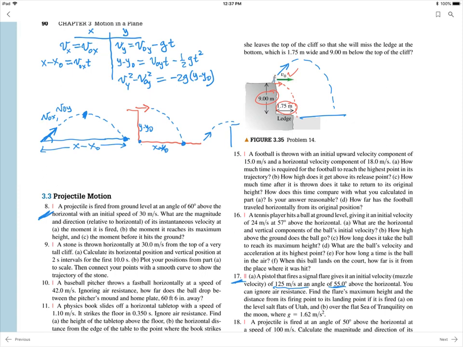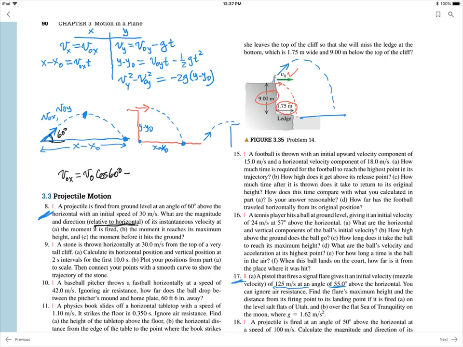It says, what are the magnitude and direction relative to horizontal of its instantaneous velocity at the moment it is fired and the moment it reaches its maximum height? So basically we need to look at the horizontal component of the velocity. So if the angle is 60 degrees there, the horizontal component would be V0x, which is V0 cosine of 60 degrees, because that's the adjacent, right?